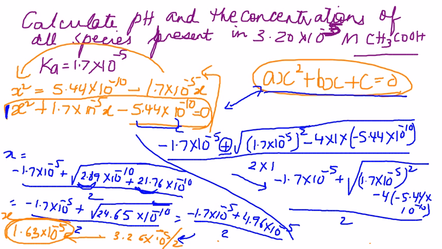And that means, what was x? The value of x was basically portraying the concentration of the hydronium and the concentration of acetate.